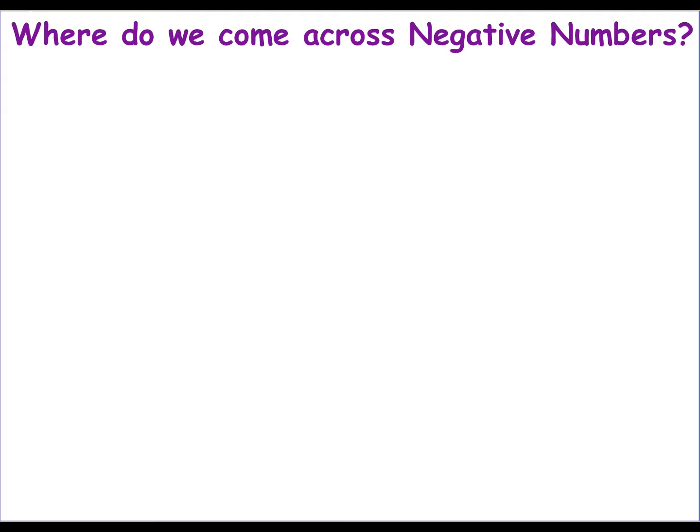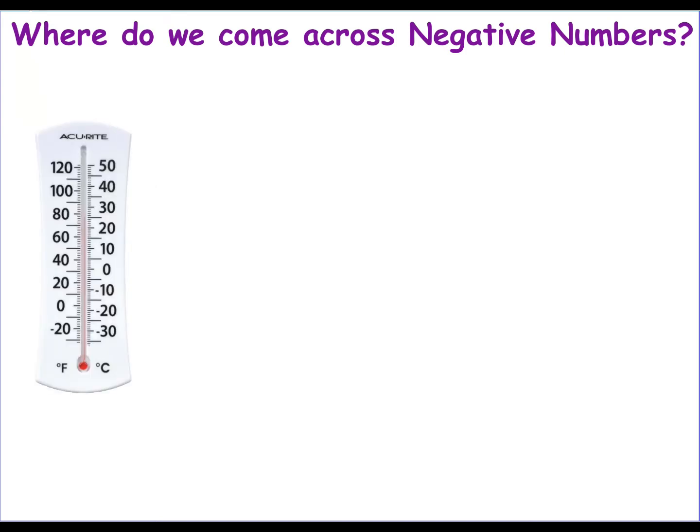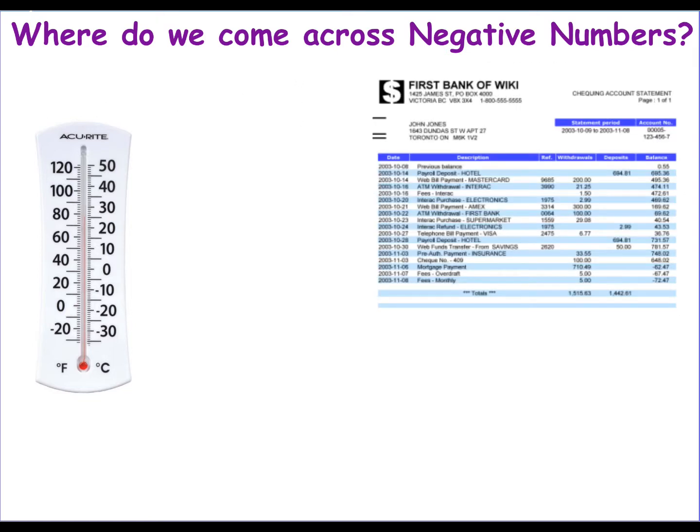So the reason we're having to learn about negative numbers is that we come across negative numbers in the real world. Can you think of some places where we come across negative numbers? One of the obvious ones is temperature. Another obvious one is bank balances.